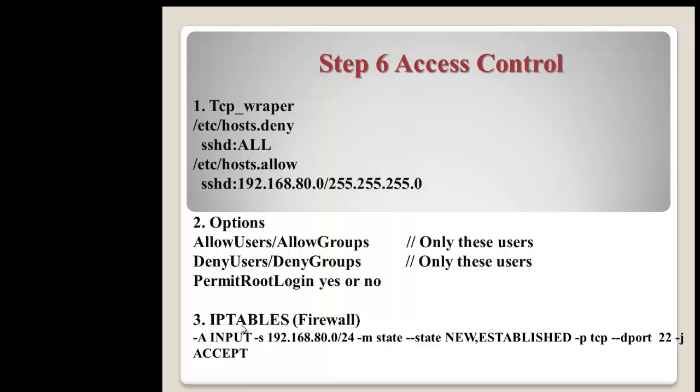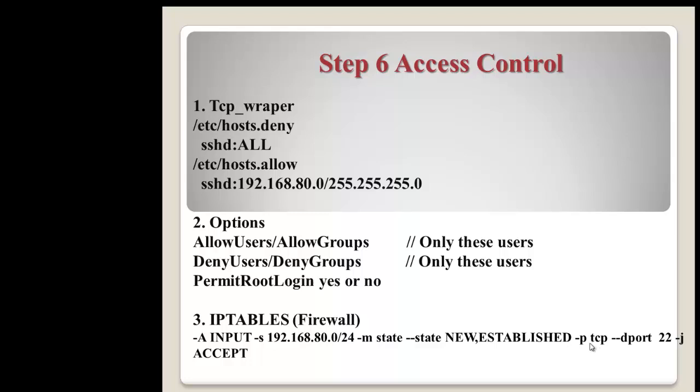Number three, iptables. iptables is a kind of firewall supported by the Linux system. If you use iptables, you can use it like this: -A, A means append, INPUT is the chain name, -s source address 192.168.0.24, only this source address, state NEW and ESTABLISHED.